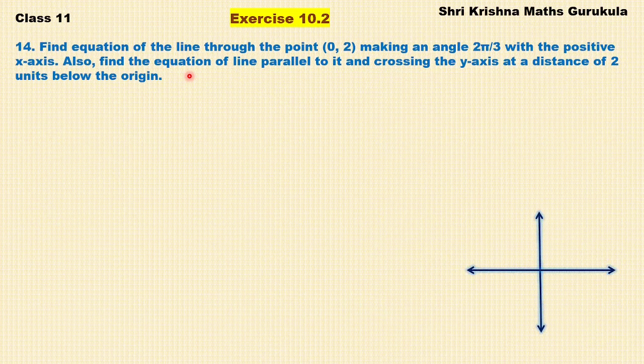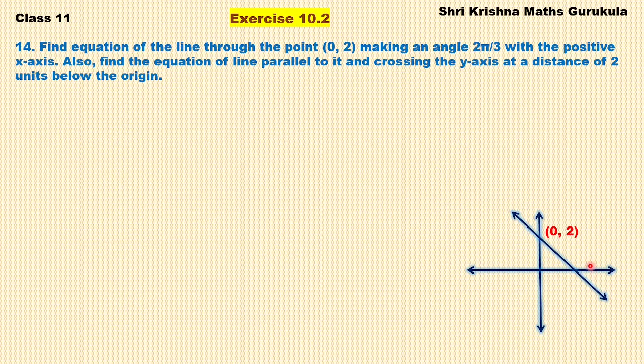Let us understand this with the help of a rectangular coordinate system. We have considered the x and y axes, and the line which passes through (0, 2). So (0, 2) is a point which lies on the y-axis. Now this makes an angle of 2π/3. Why did we take the line like this?